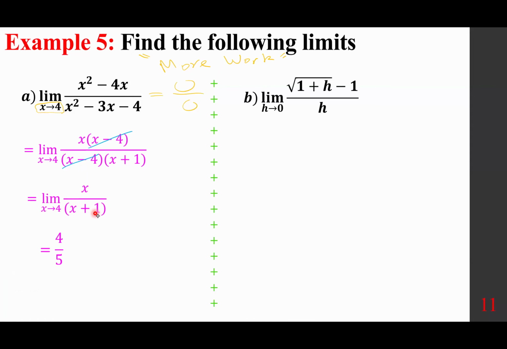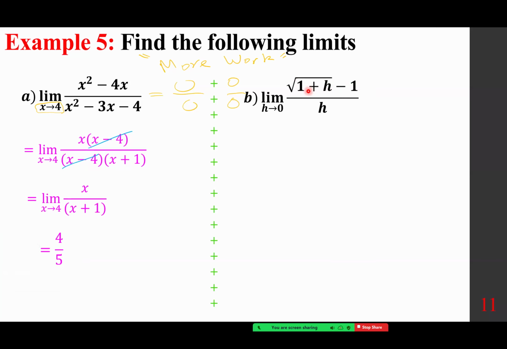If you plug in 0, you get 1 minus 1 over 0, or you get 0 over 0. I hope you recognize that you get 0 over 0 again. And we discussed it already that if you have a square root, the technique is the conjugate, meaning you multiply by the conjugate of the numerator.